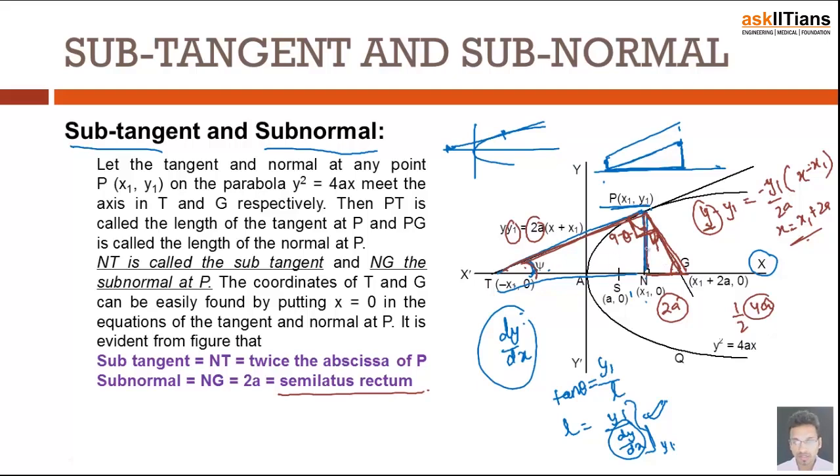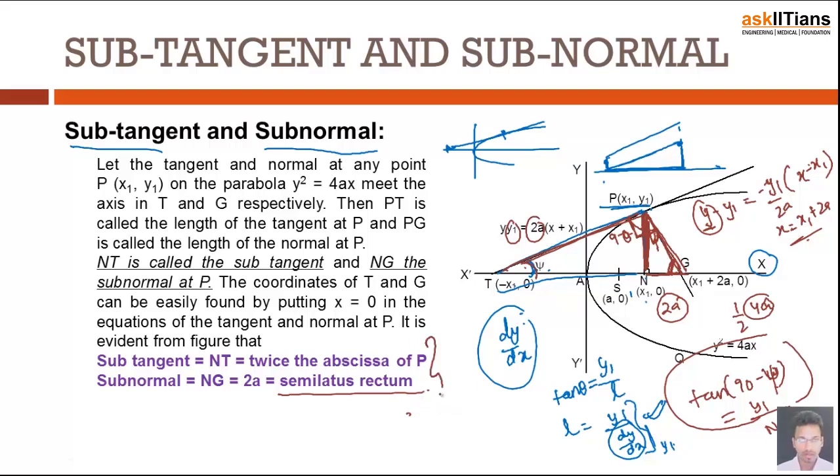Using the known thing that this is y1, you can use tan of 90 minus xi, whichever you say, which will be equal to y1 over the length of the subnormal. From here we can get the length of the subnormal.